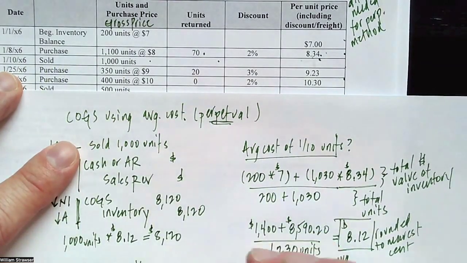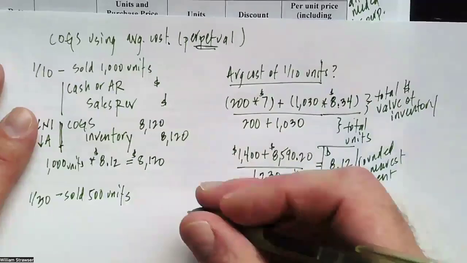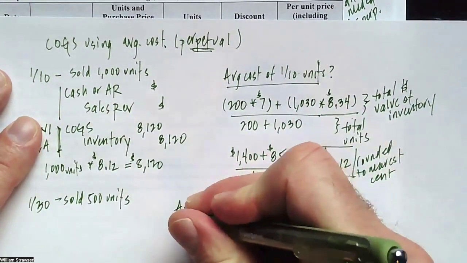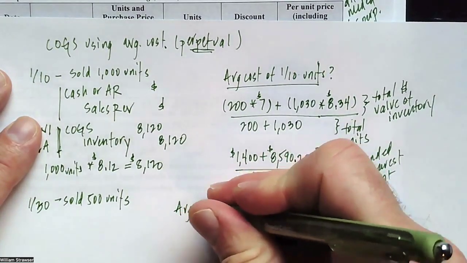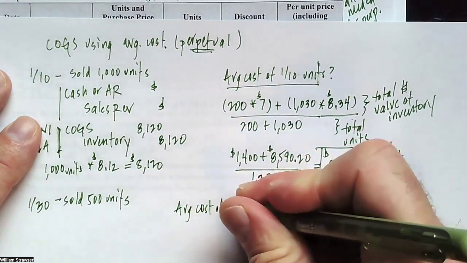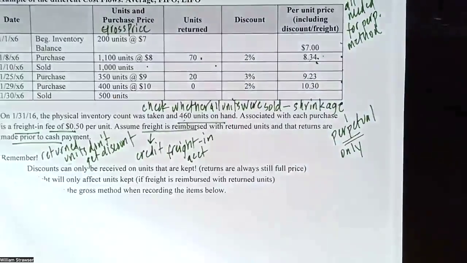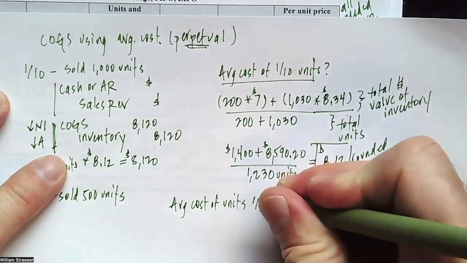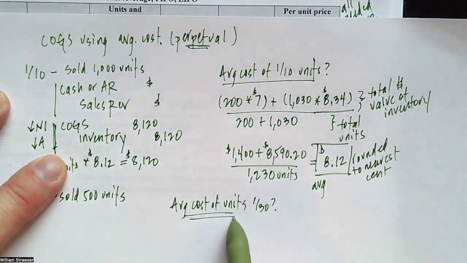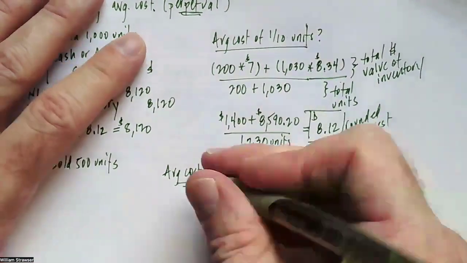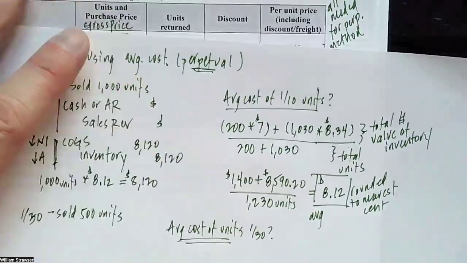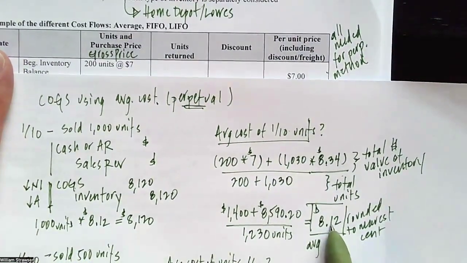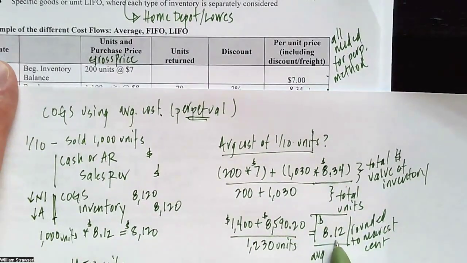So when we come up with our moving average and ask ourselves the same question, what is the average cost of units at this point? And that was January 30th. The first thing that I would look at is how many units are left at $8.12.